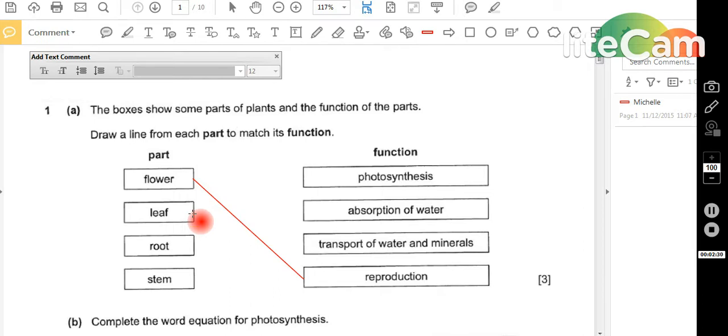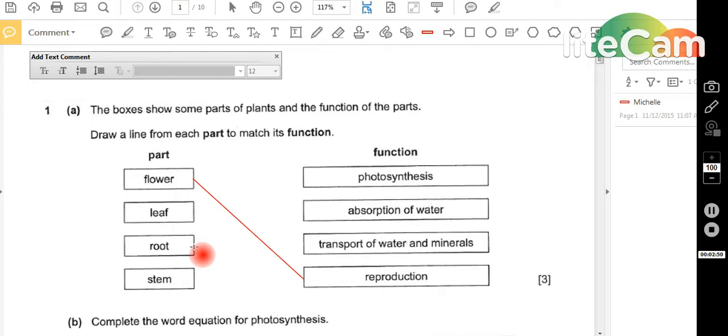The roots, what will the roots do? The next person. The roots will transport the water into the plant. Okay, so which one of the options will it be? Is it going to transport water and minerals, or is it going to absorb water, or is it going to photosynthesize?